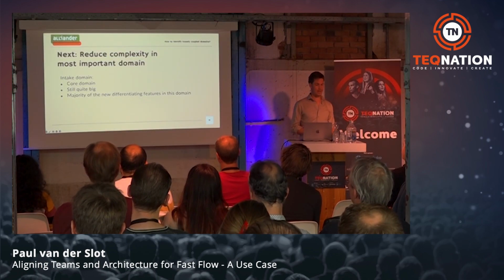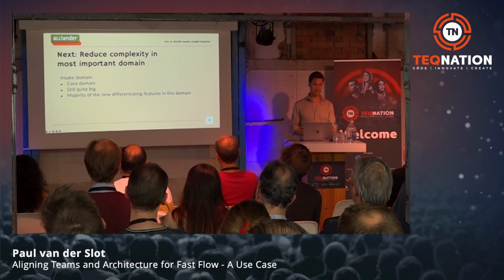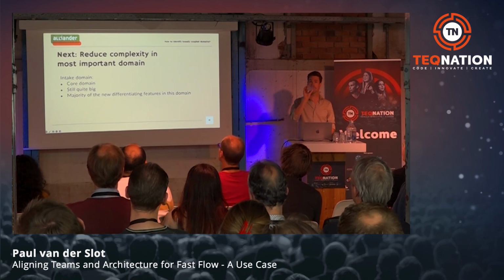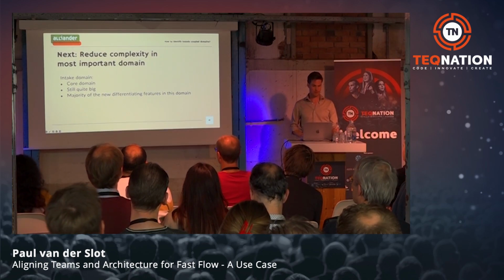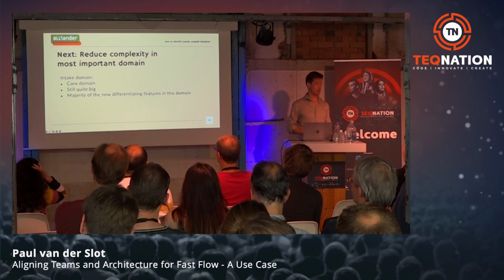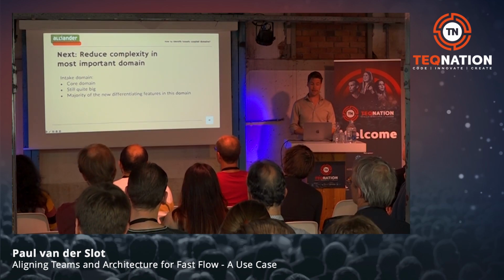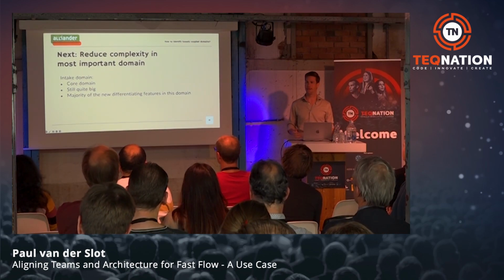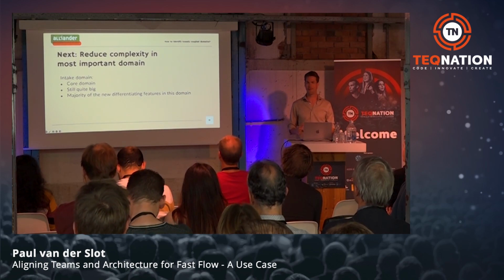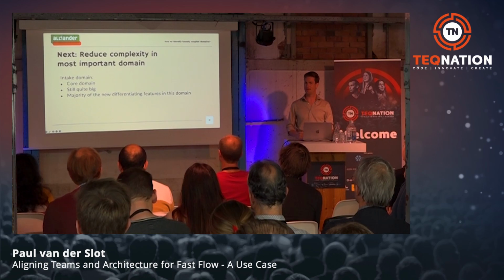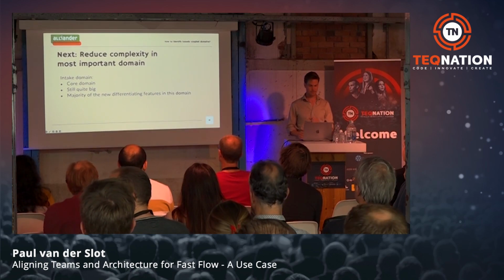The next step that we did was reducing the complexity in the most important domain. So we had the intake domain, which was a core domain, still quite big. And if we looked at the backlog, most of the differentiating features were for that domain. That's where the most important things happened.